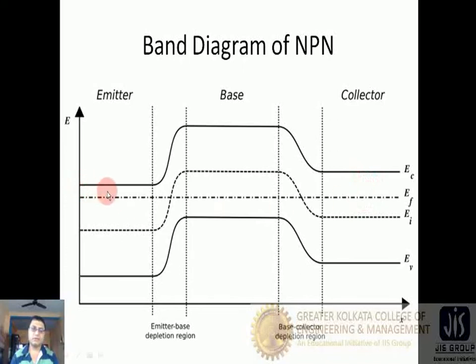That is why if we dope very highly, if the doping concentration is large, then the Fermi level is moved nearer to the conduction band of the n-type semiconductor. In case of the collector, the doping concentration is less than the emitter. That is why the difference is quite larger. So it is an important thing we have to keep in mind.